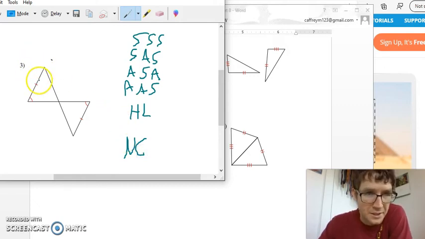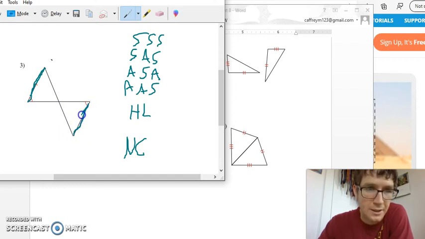Okay, so when I see this, first off, we've got a side here that's congruent to this side here. Those are marked as congruent. So we have these two sides matching.